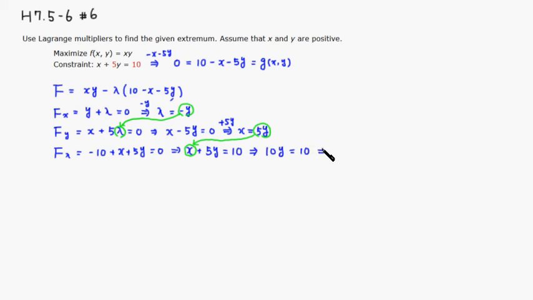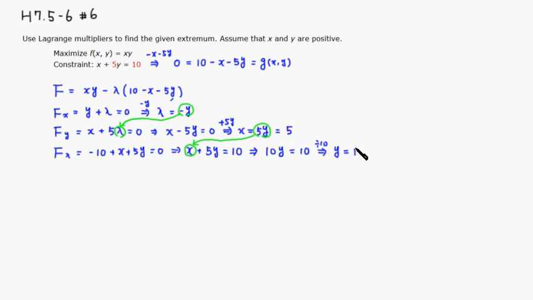Then we can just divide through by 10. We get that y equals 1, right? Once y equals 1, then x is equal to 5 times 1, so it's 5, right?